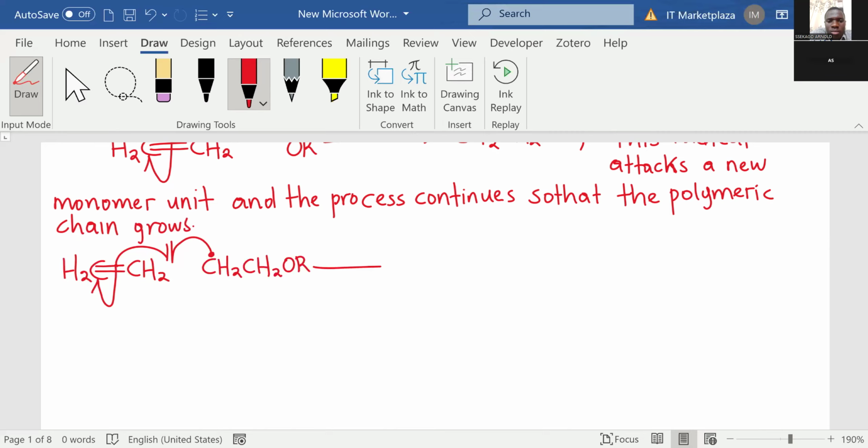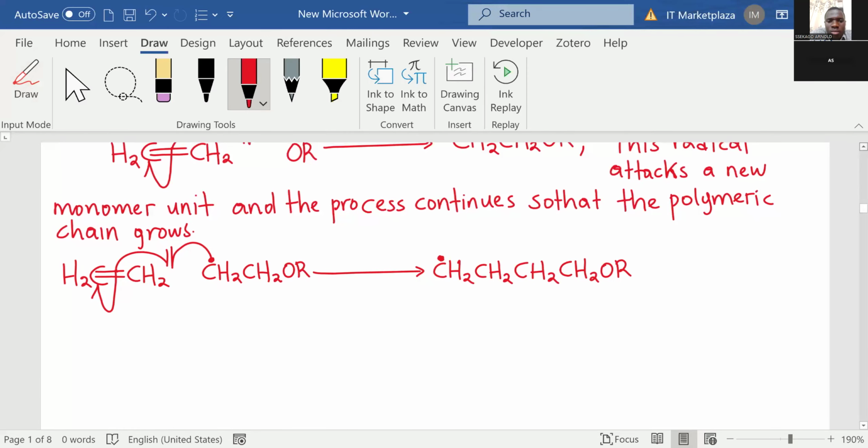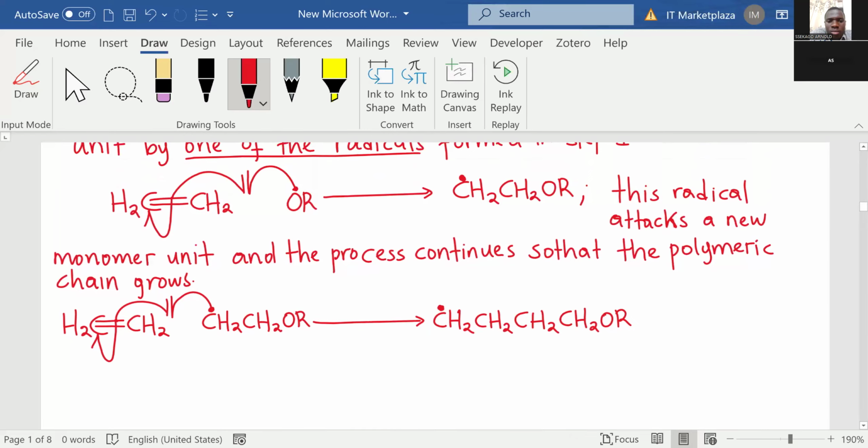As a result, we form CH2 with a dot, followed by another CH2, followed by another CH2 that links up with another CH2, CH2OR. So I have said previously that the radical, this radical which was formed here first.